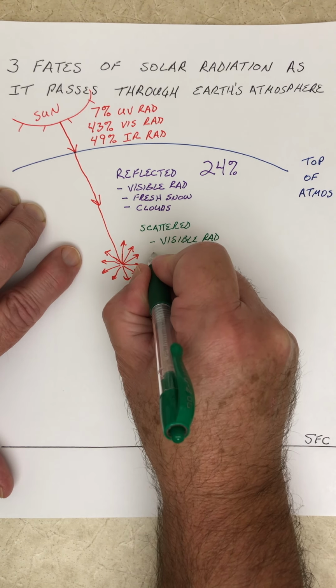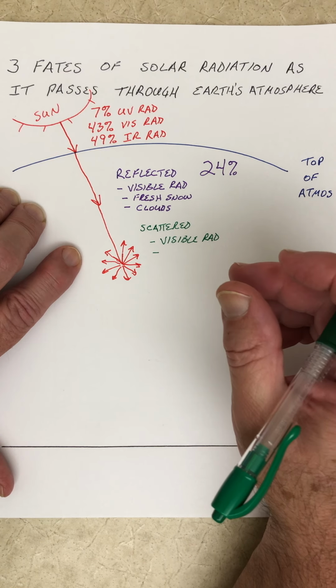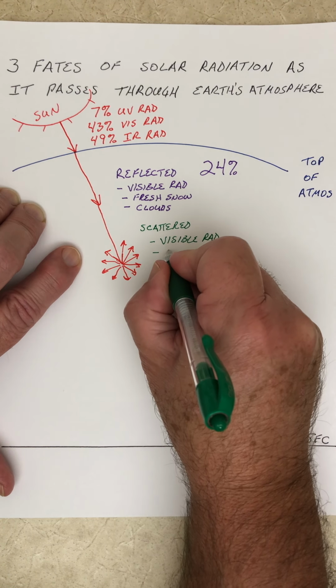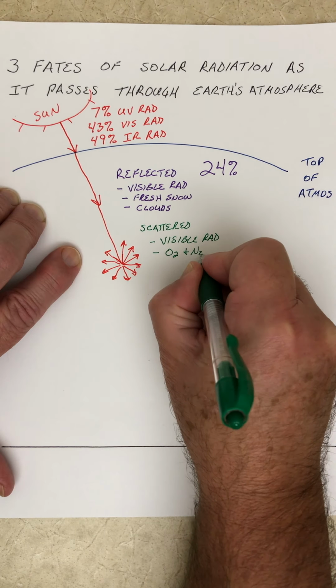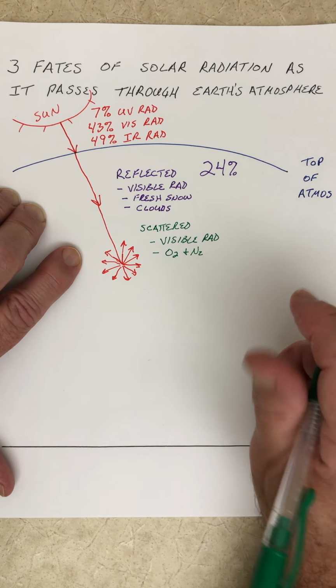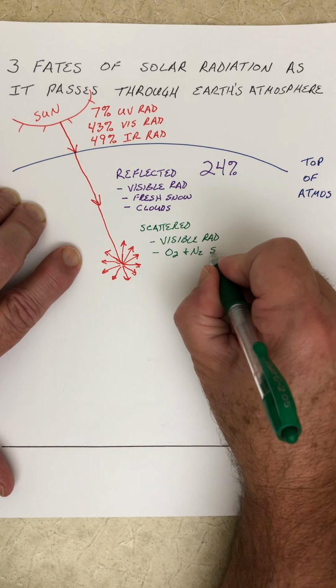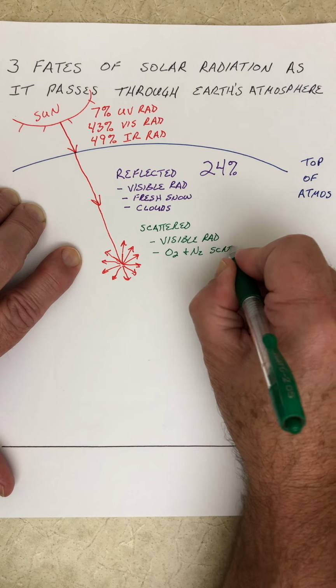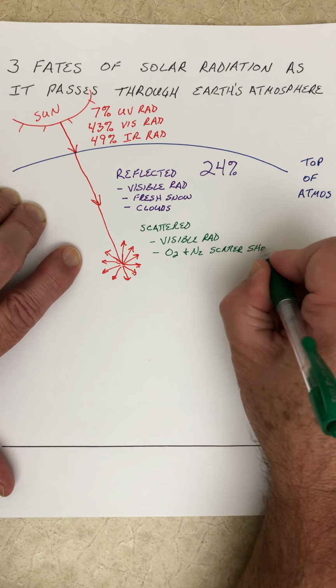And this is really kind of cool. So what is out there that does most of the scattering? It turns out that the oxygen and the nitrogen in our atmosphere, which makes up 99% of the atmosphere, these two molecules love to scatter shorter wavelengths of visible radiation.